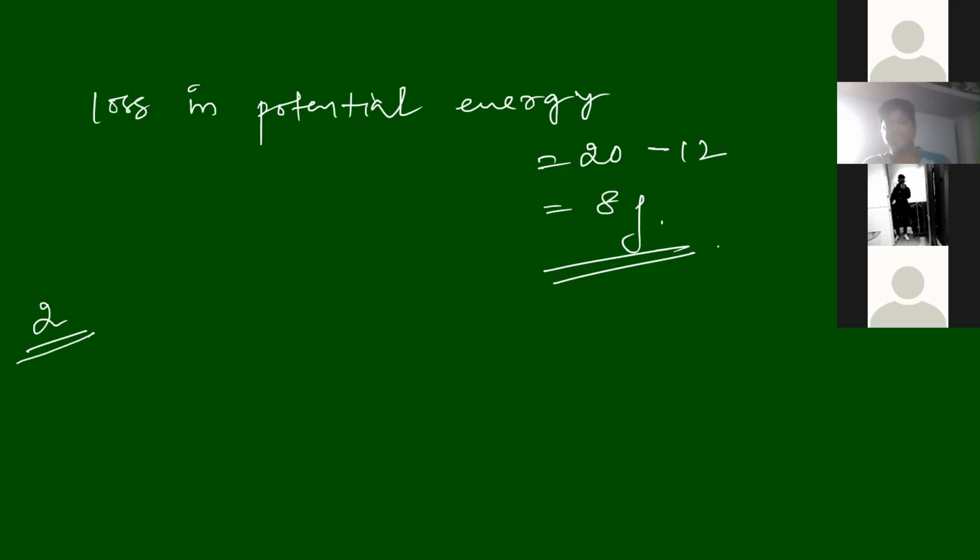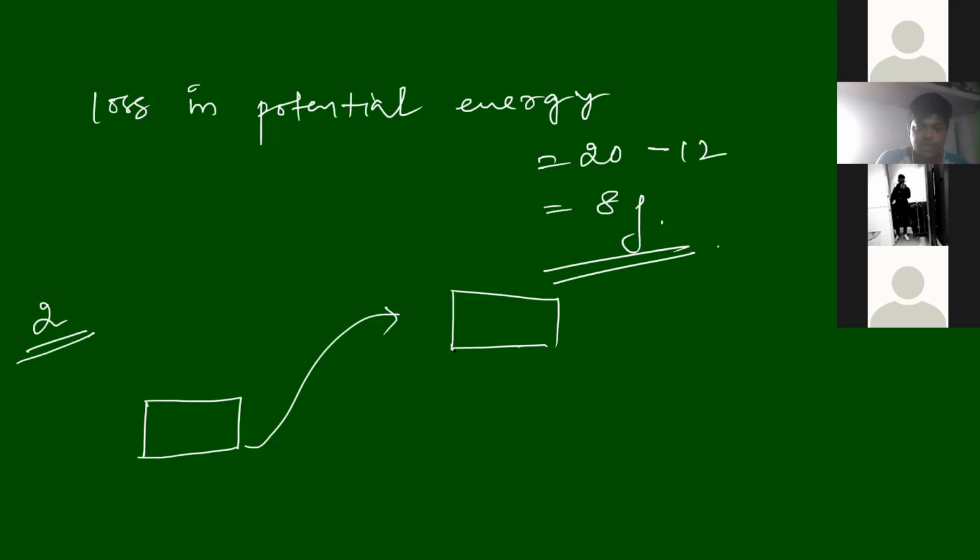Okay. So the second question is actually question number 7 in that image. Now, when a large box is taken to a height of 8 meter, the energy spent is 6.4 kilojoule, right? So this is the large box. Whenever this large box is taken to a height of 8 meter, suppose the large box is now at this point, at this height.